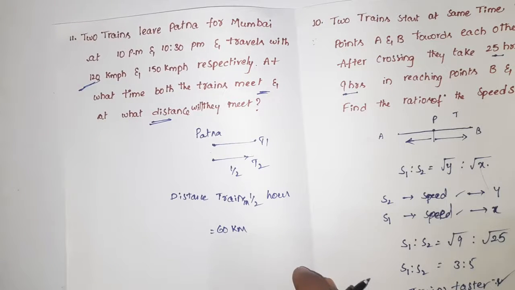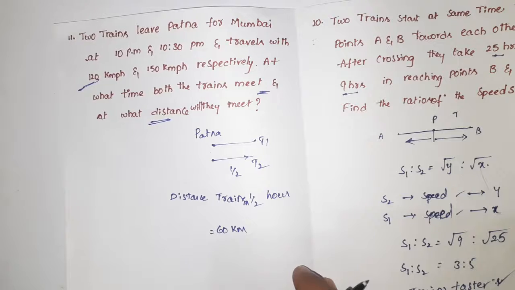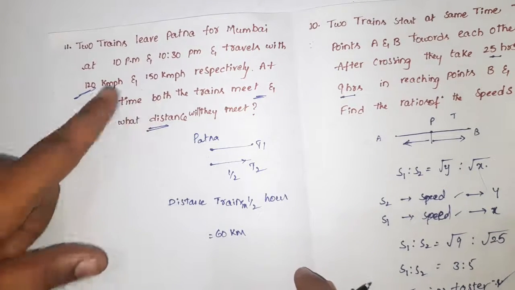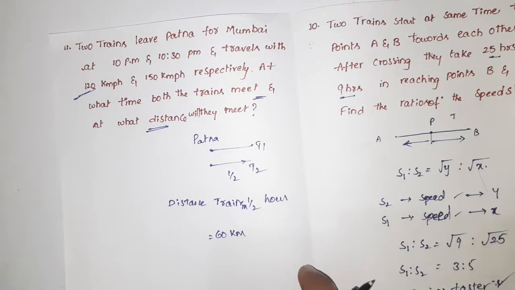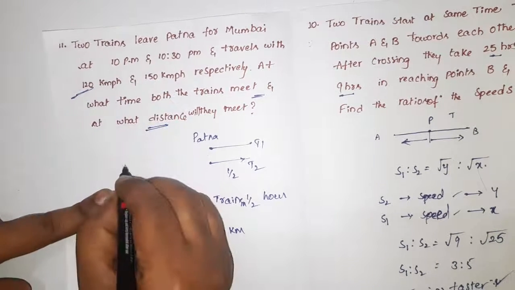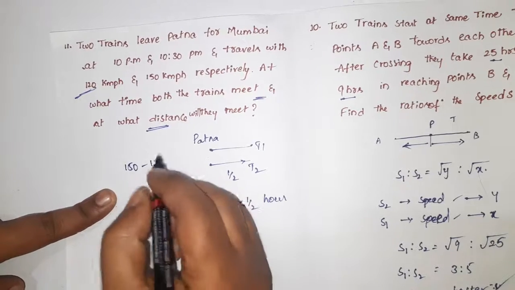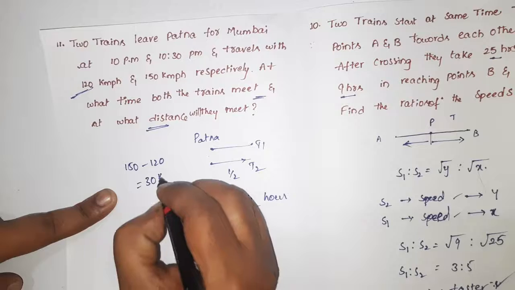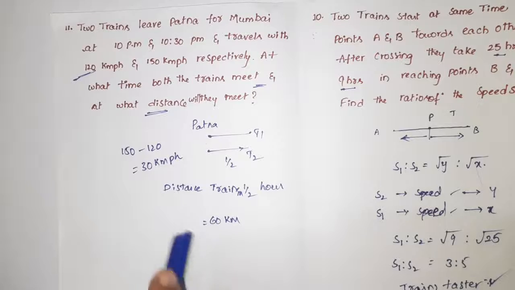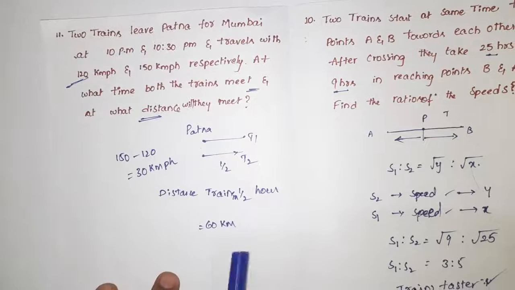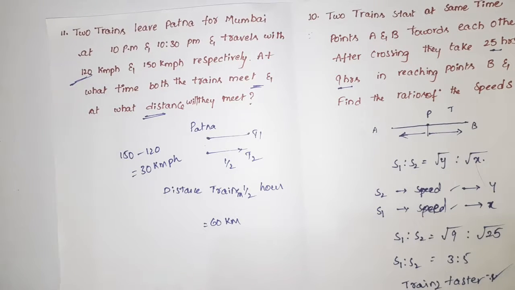So now we introduce the relative speed concept. What is the relative speed between them? Both trains leave Patna for Mumbai, so they are in the same direction. So the relative speed is the difference between those two speeds: 150 km per hour minus 120 km per hour, which is equal to 30 km per hour. The distance that has to be covered by train 2 is 60 km according to the relative speed concept.